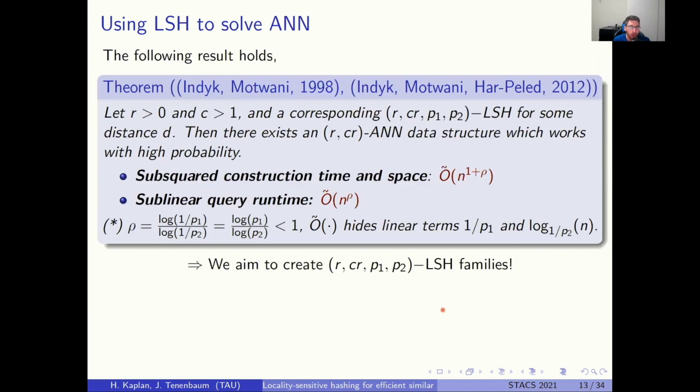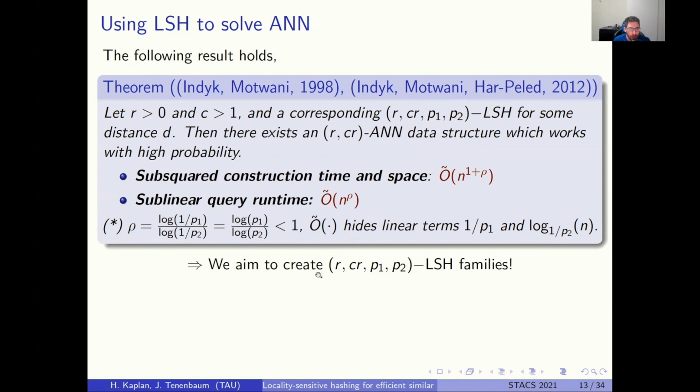Indyk and Motwani, and later Har-Peled, showed how to solve the approximate near neighbor problem given an LSH hash family. Specifically, given a distance R and approximation ratio C, and given that we have an (R,CR,P1,P2)-LSH hash family for some distance d, then there exists an (R,CR)-approximate near neighbor structure which works with high probability and has subquadratic construction time and space, but most importantly, has sublinear query time.